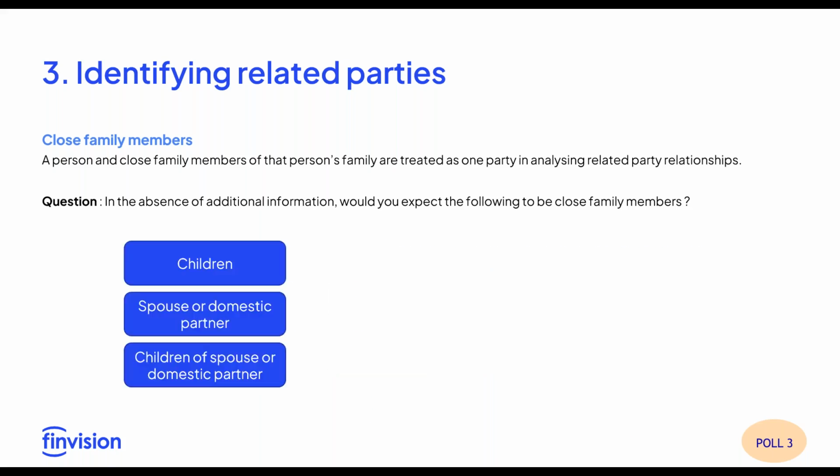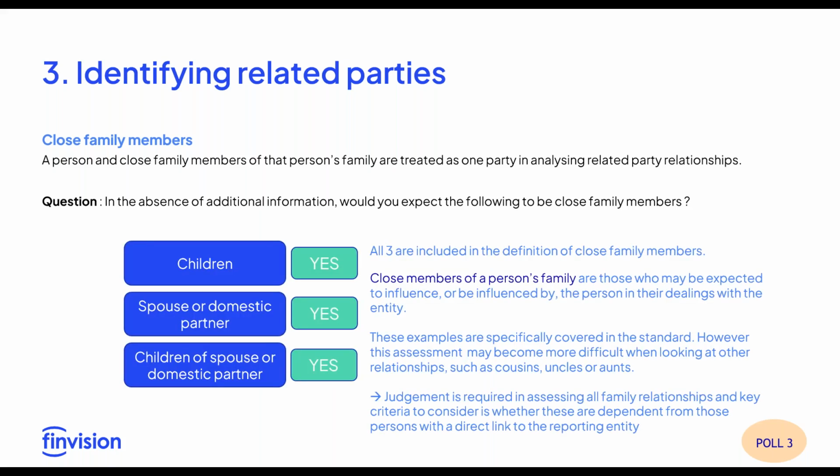In fact, the answer is all three are included in the definition of close family members. So not only your own children as a natural person that is related to an entity, but also the partner, the spouse or the partner of you, and also the children of that partner, if that would be not your children.